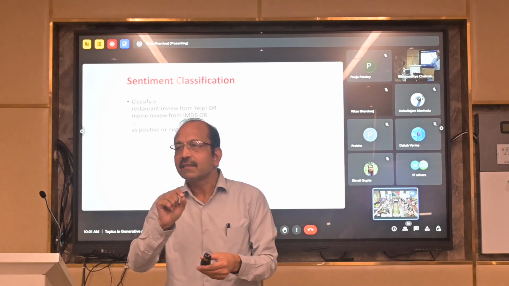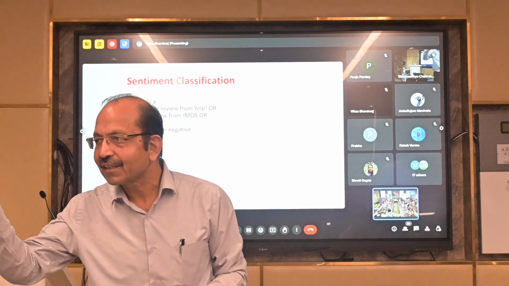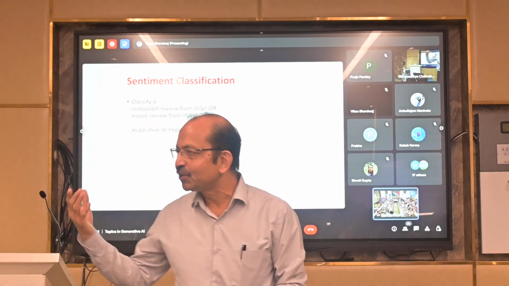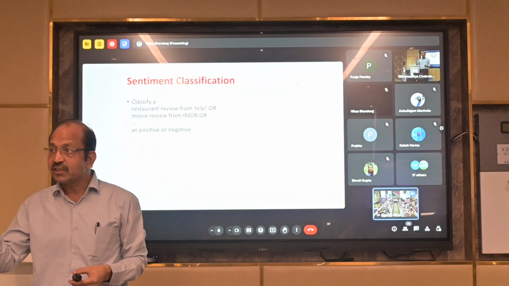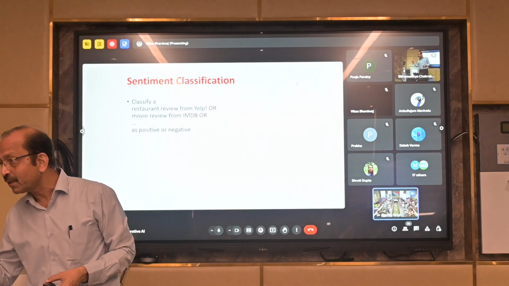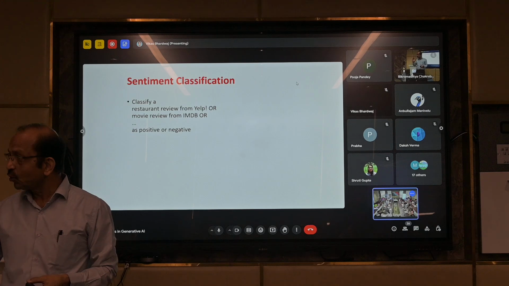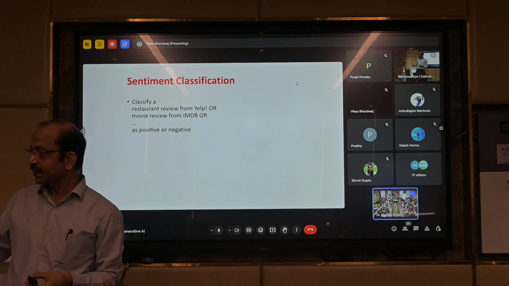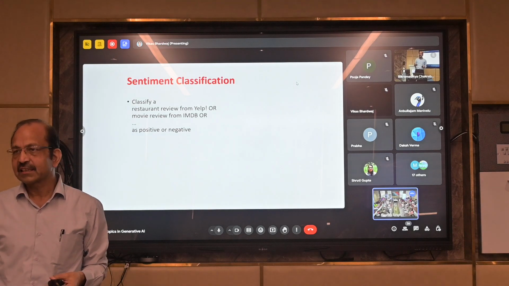Sometimes you want to label between 0 to 5, because in general the label is given between 0 to 5, so you can decide the scale. If you are saying between 0 to 5, then it becomes a regression problem. But if you are discretizing into 0, 1, 2, 3, 4, then again it's a classification problem. If you are saying only 0 and 1, then again it's a classification problem.